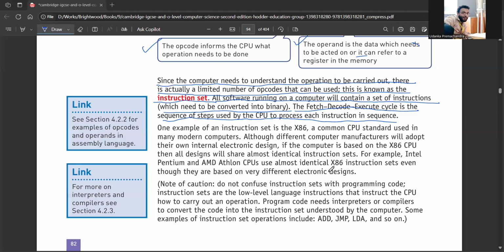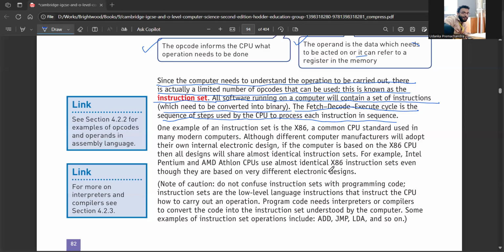For example, Intel Pentium and AMD Athlon CPUs use almost identical x86 instruction sets, even though they are based on very different electronic designs.